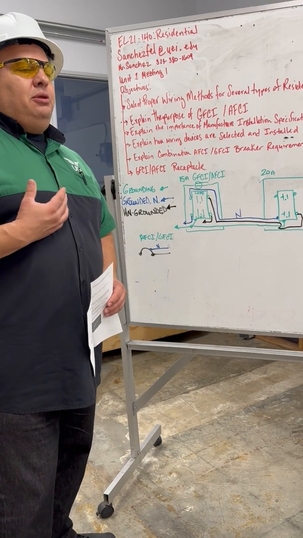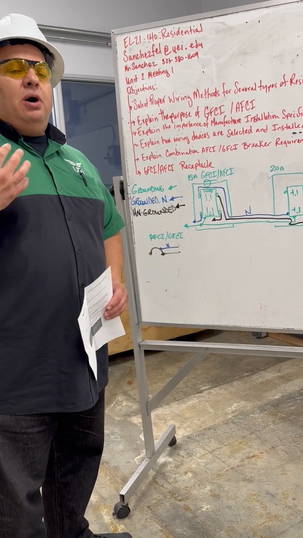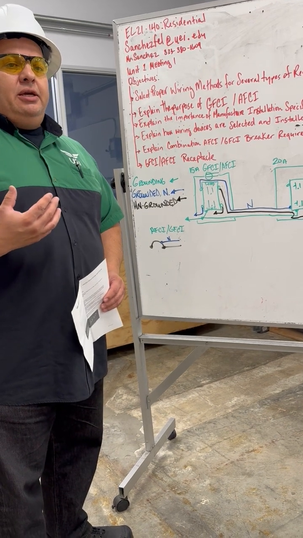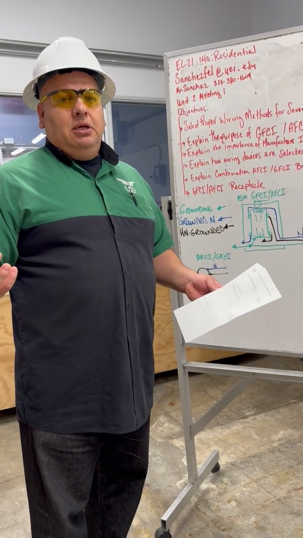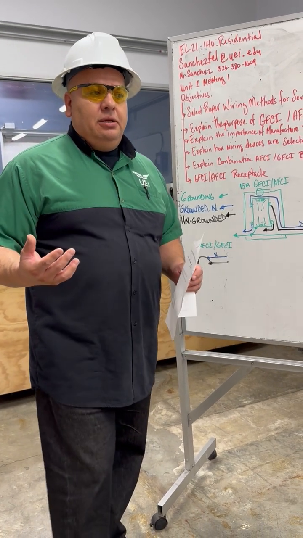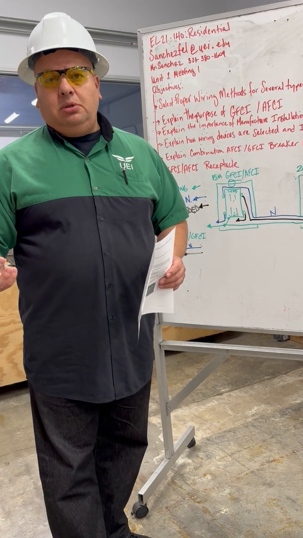So a lot of those residences still want some GFCI, AFCI protection. Why? Because it's great for people. It has eliminated and really turned down the rate of electrocutions in homes.